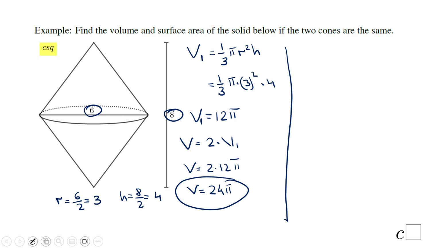And let's move to the last thing in today's lesson, which is the surface area of this composite shape. Okay, and this one is pretty simple, like the volume also. We have the lateral area of one cone twice. So what is the lateral area of a cone? It's pi r l. Remember, the l is the slant height. So let's see.